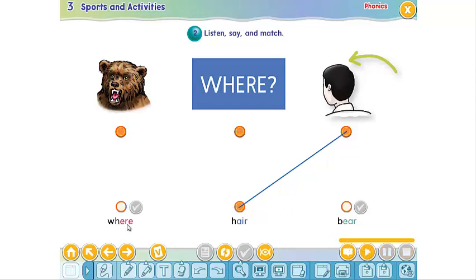Okay, the 3 words with ERE, AIR, EAR have the same sound, air. Like here, it's here sound. Where, this is a picture of where. Okay, and bear. Where, here, and bear.